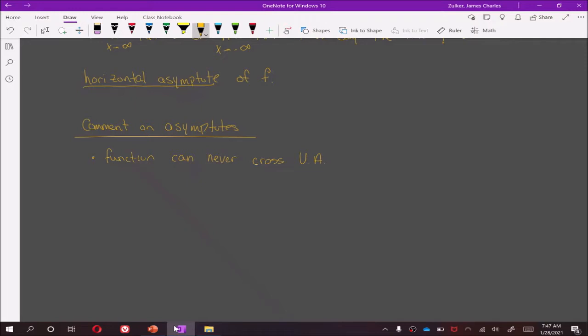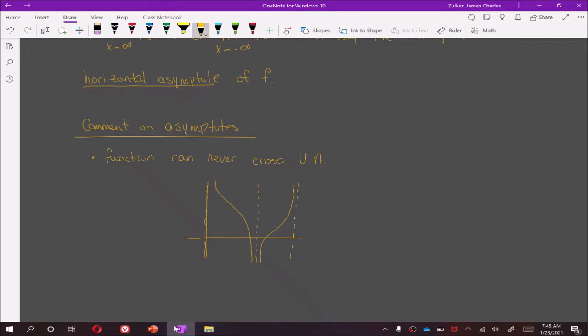So for a graph, it would be something like this, let's say. So this was a vertical asymptote. And actually, so is that and that.